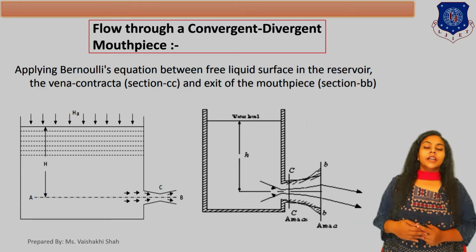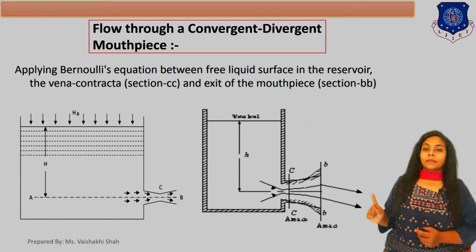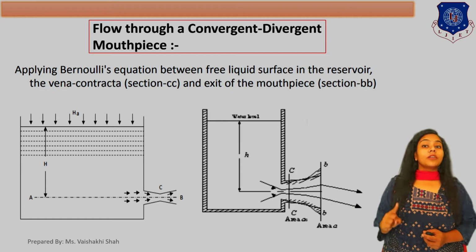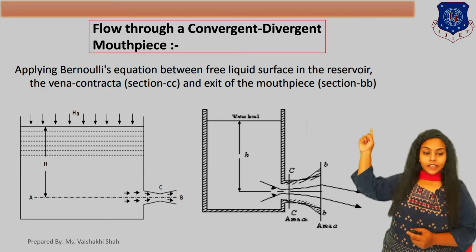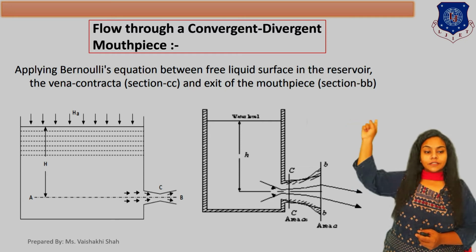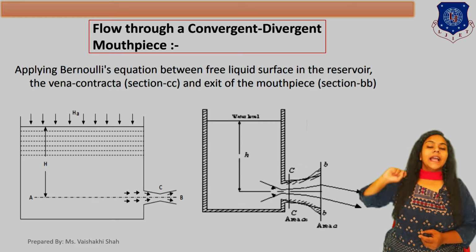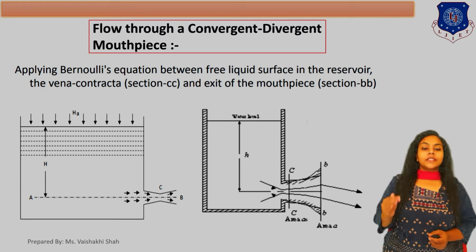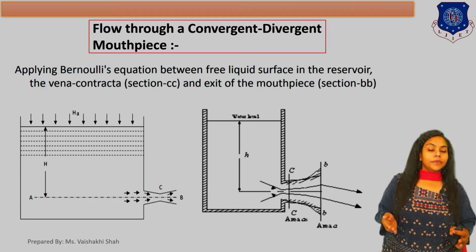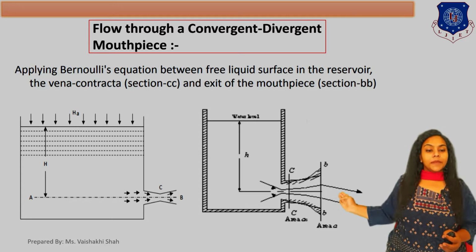For that we are applying Bernoulli's equation. Remember that we are applying Bernoulli's equation between the free surface of the liquid, the vena contracta, which is section CC, and the exit of the mouthpiece, which is section BB.